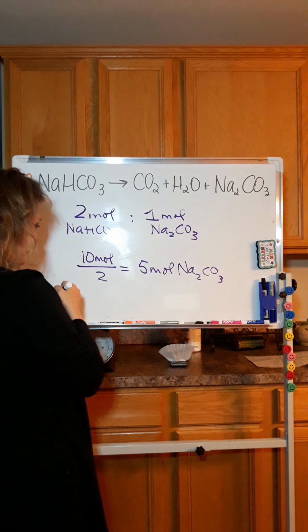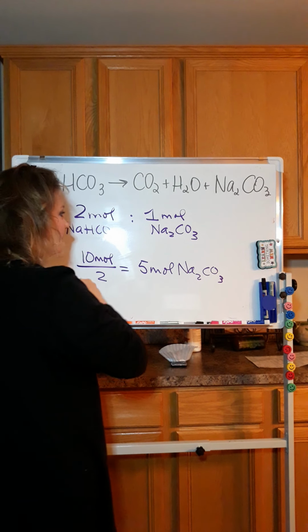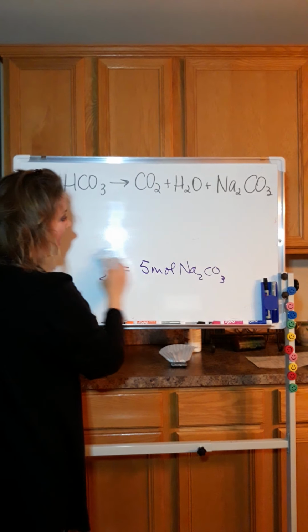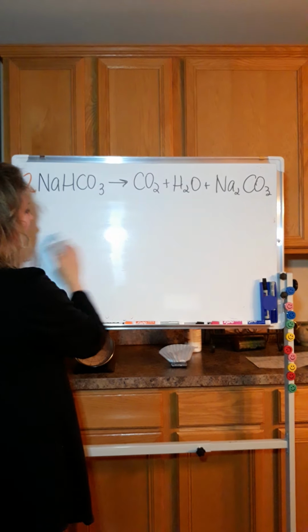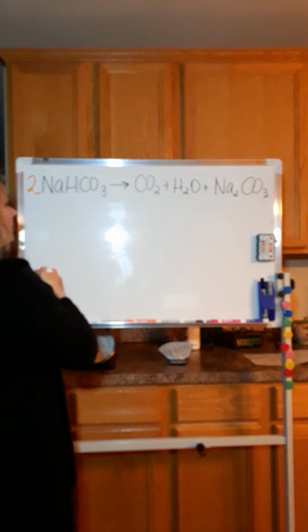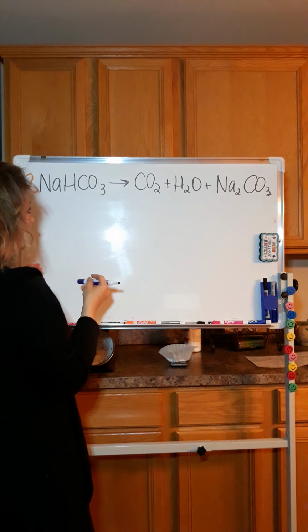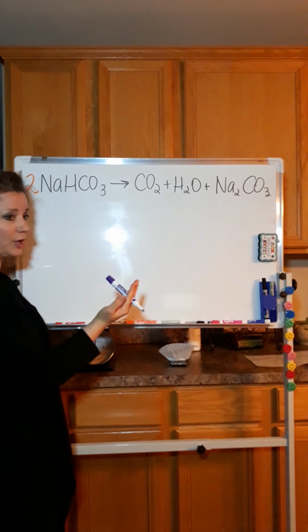But there is another way to do it if you prefer with math, and this is with writing out a proportion. Now we've already learned how to write out proportions in order to solve mole problems, but once again we're going to go ahead and do this.